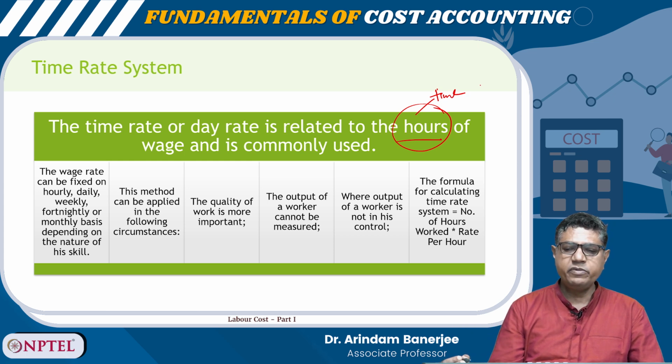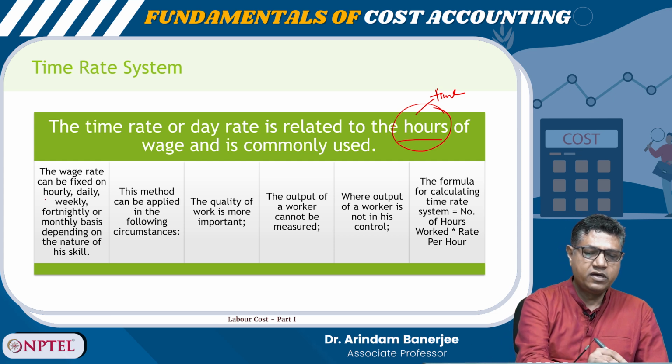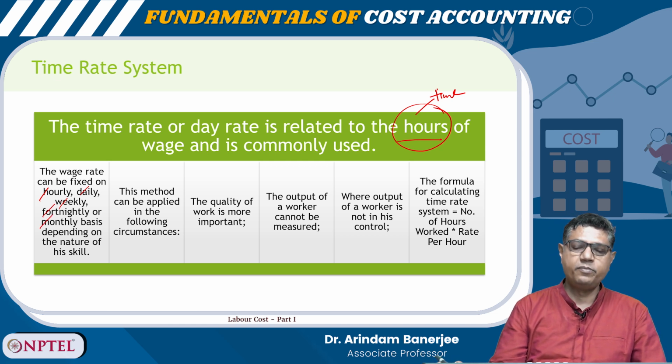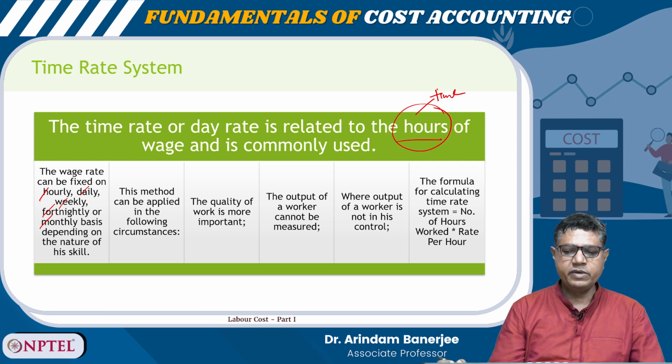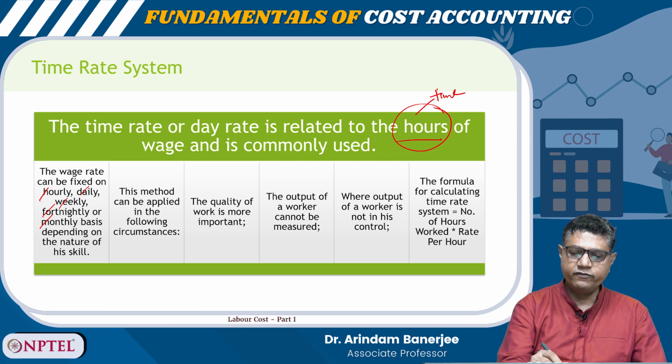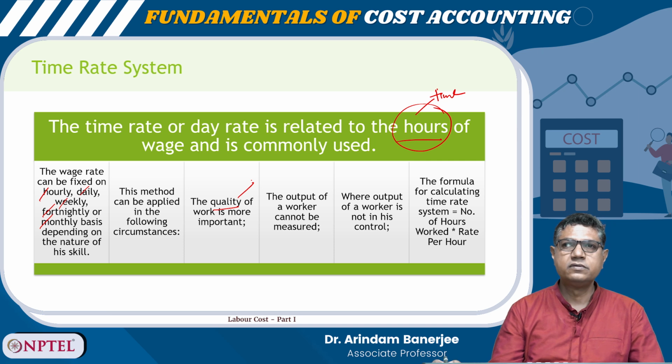So, it can be fixed on the basis of hourly, daily, weekly, fortnightly or monthly basis, depending upon the nature of his skill. This method can be applied in the following circumstances: where the quality of work is important, right.